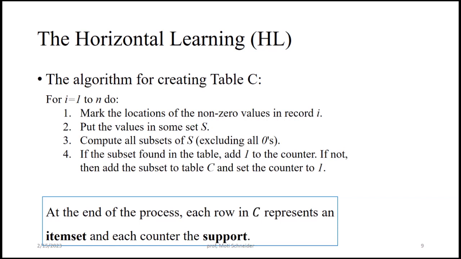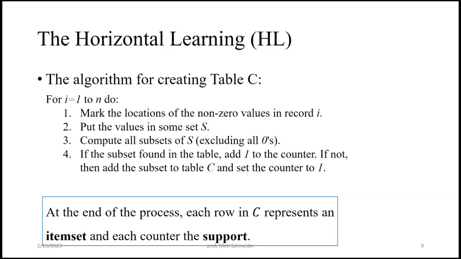So the first thing I do, I go through a row and I see where I have non-zero values. If I have non-zero values, I dump them into another program, which computes all the subsets, all the permutations of the original string, excluding zeros, which means it's not really interesting. And I'll give you an example of exactly what I mean.